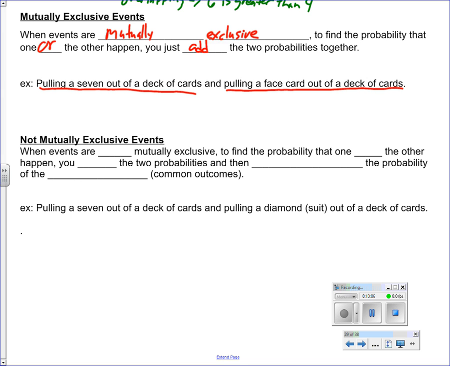There are 4 sevens out of the deck of 52. And face cards, there are 16 out of a deck of 52. So I'm just going to add those up. That'll make 20 out of 52. Now we'll reduce to 5 over 13.